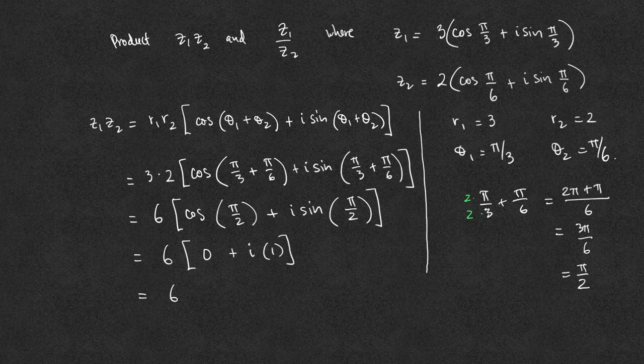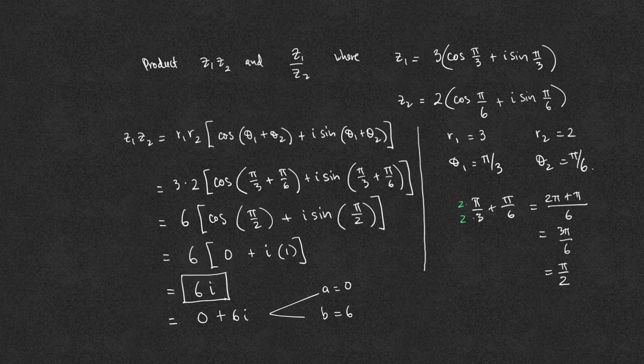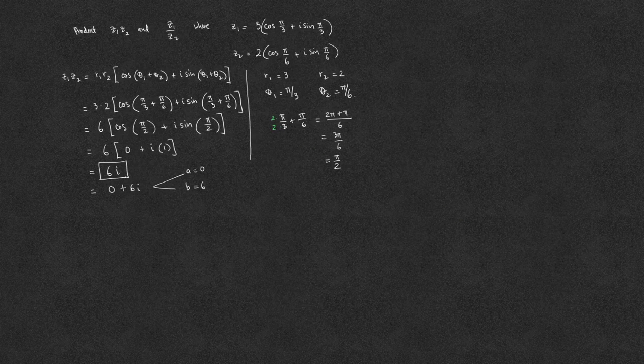So this is 6 times i, or in the standard form, this is 0 plus 6i, where a is 0 and b is 6. But it is simple to write 6i. This is the product of the two complex numbers in polar form.